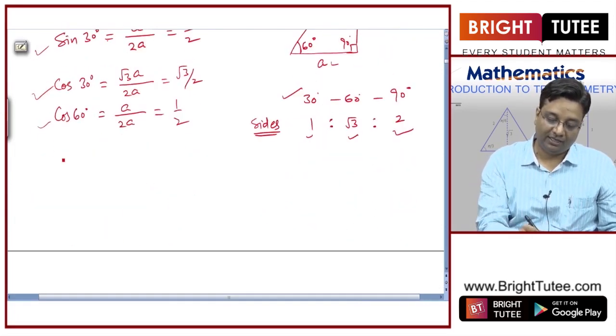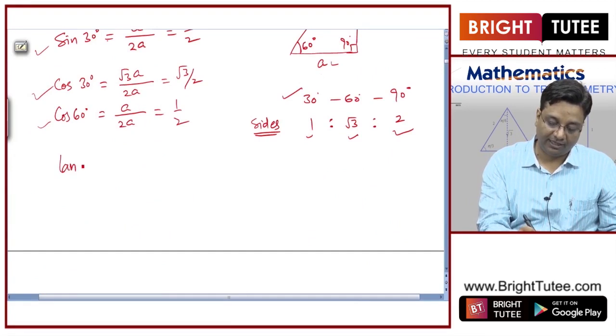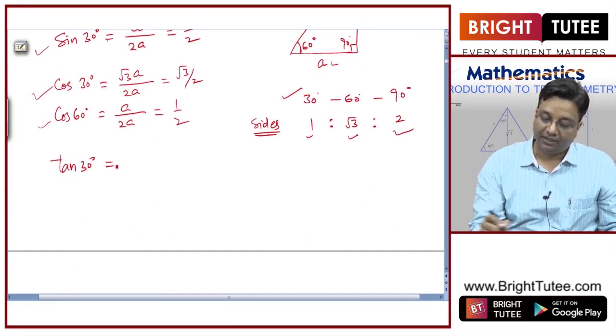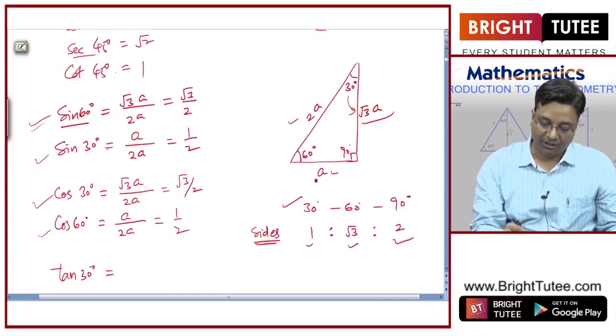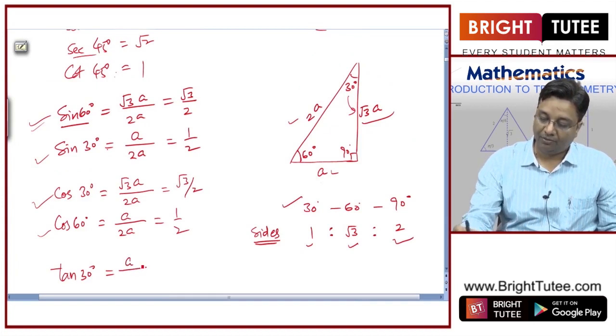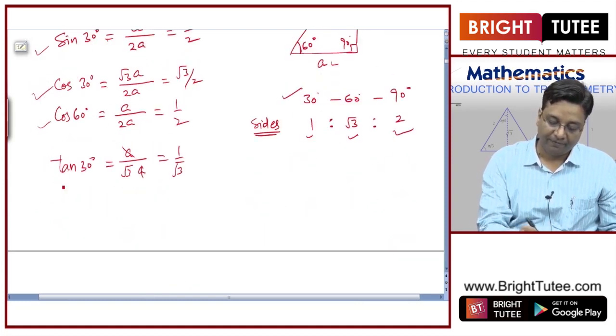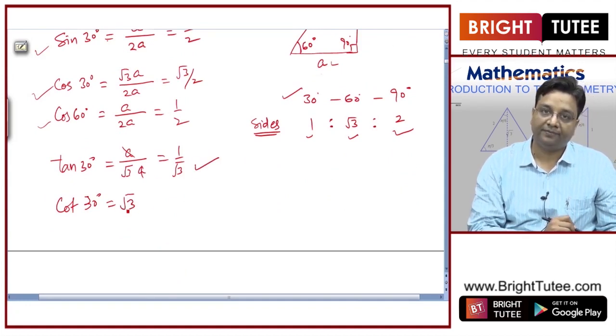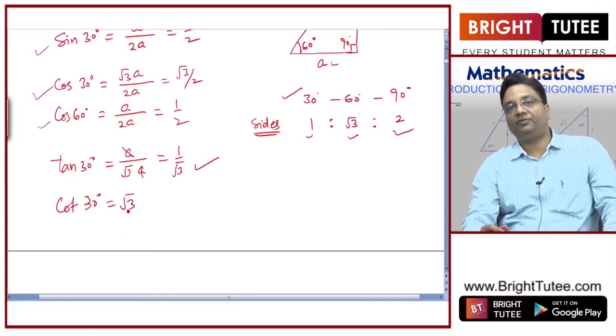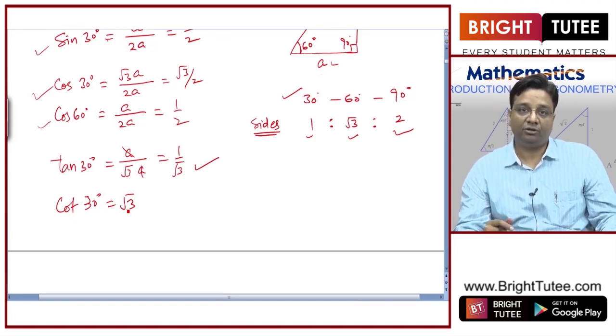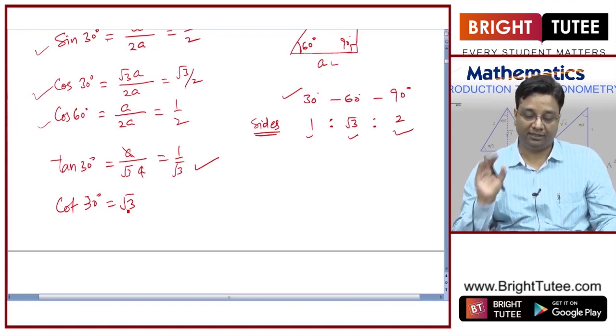So you can find other values similarly. What is tan 30? It is equal to opposite upon adjacent. Okay. And what is cot 30? Just the reciprocal of it, which is equal to root 3, right. Similarly, you can find other trigonometric values of 30 and 60 degrees here.